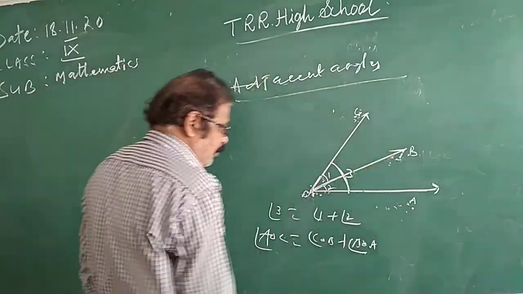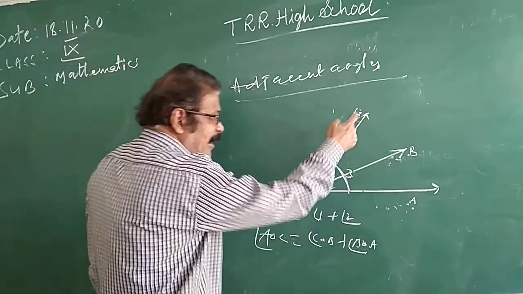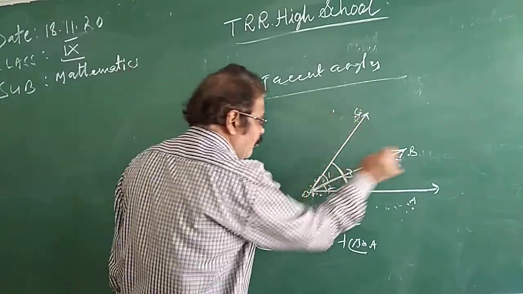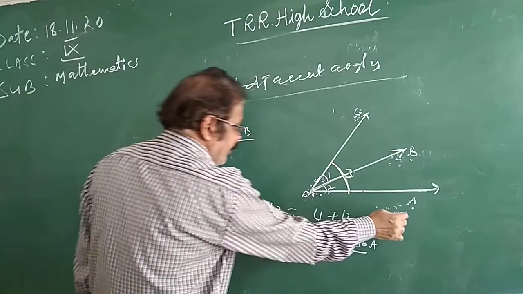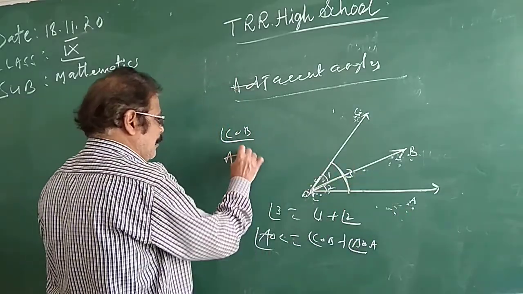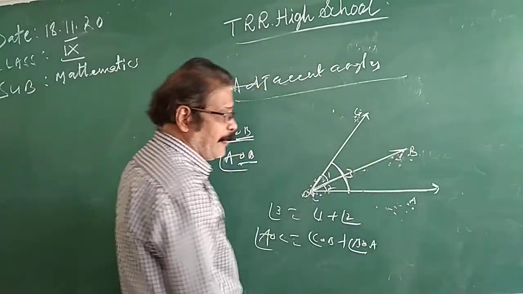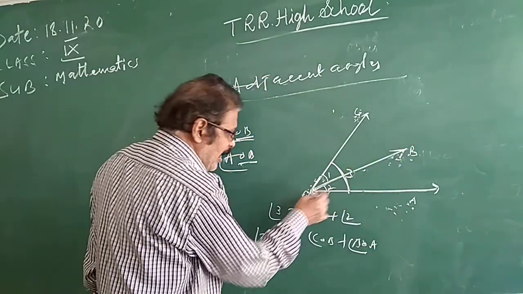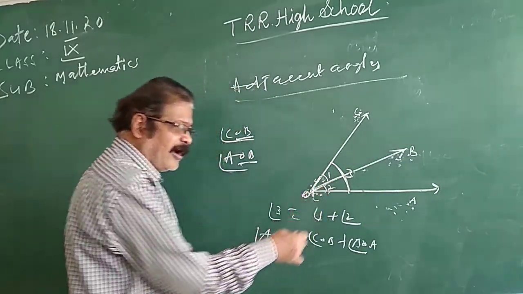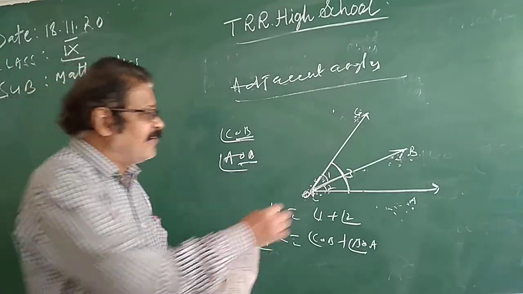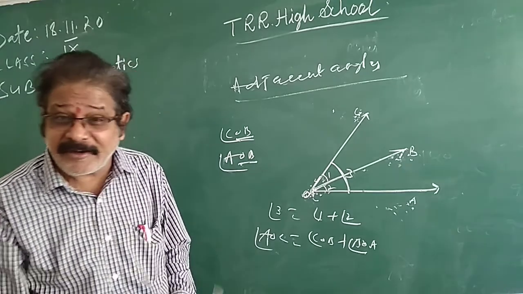So, the angles have a common vertex and are on either side of the common arm.